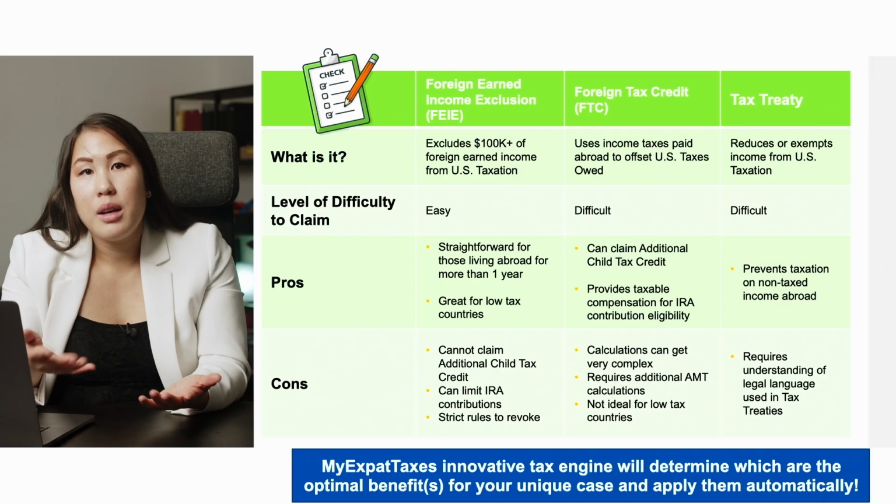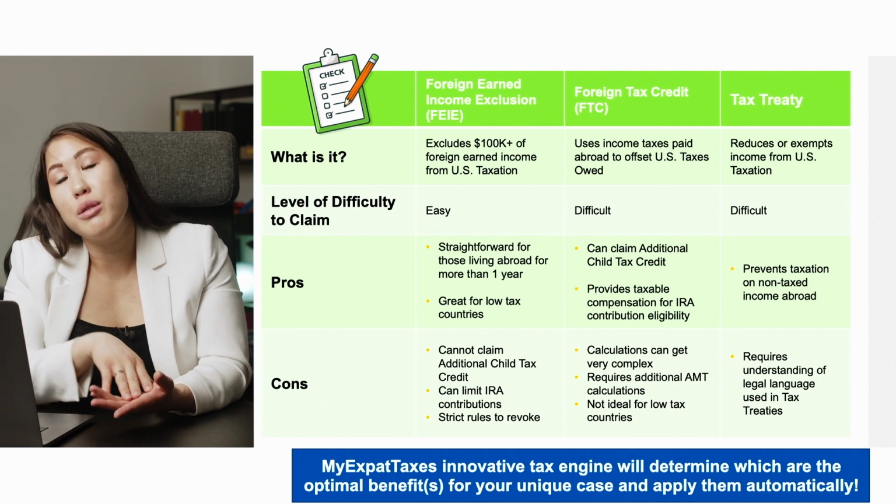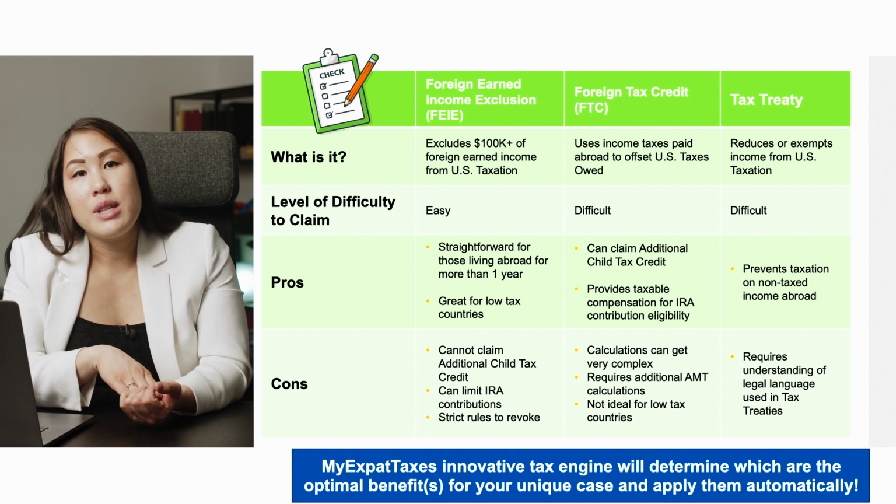Now, the third benefit is what to do on income that is not earned income, right? So social security benefits, so to say, and you don't pay foreign taxes on it. Because again, some types of government payments are not taxed abroad. Well, it doesn't mean that the US will just tax them. It means you should look at the tax treaty between the US and the country you live in to see if there's actually an exemption.